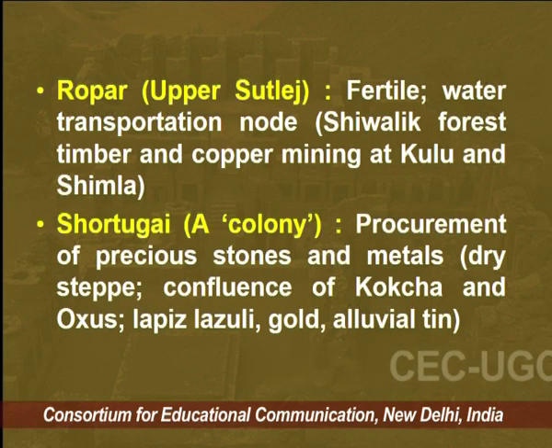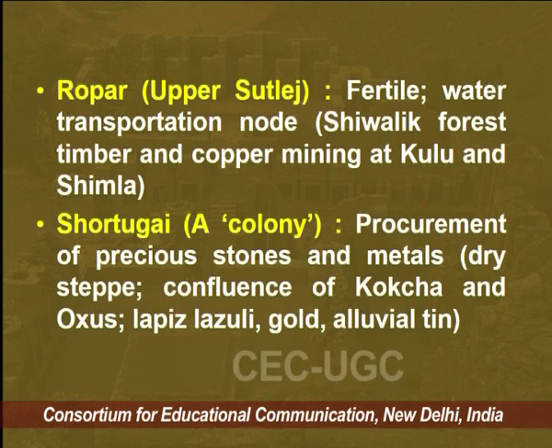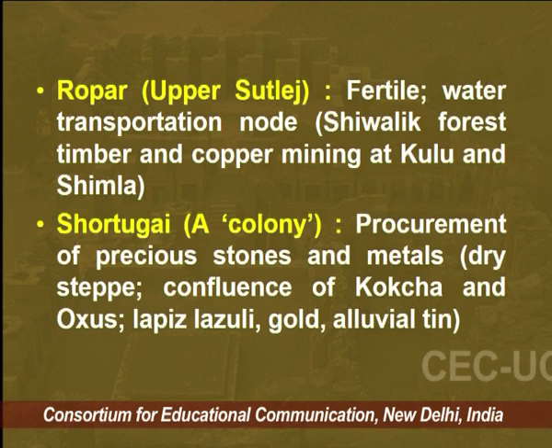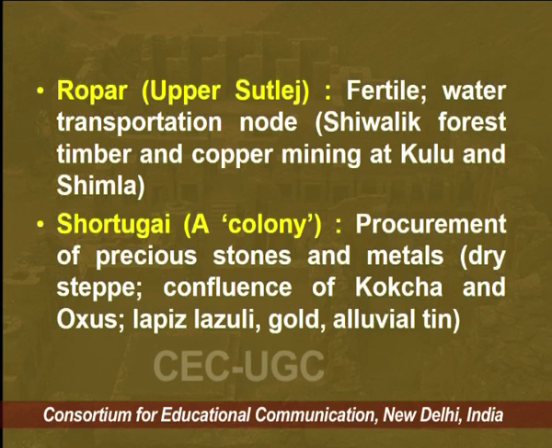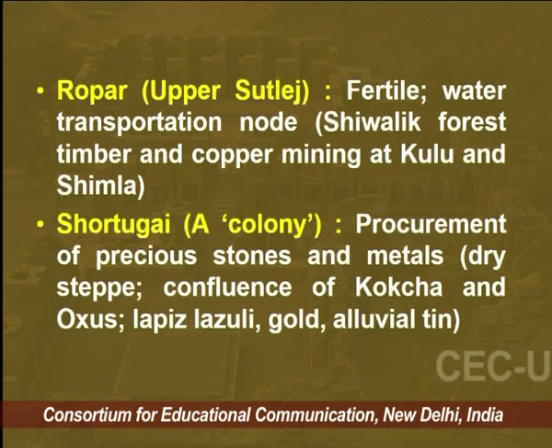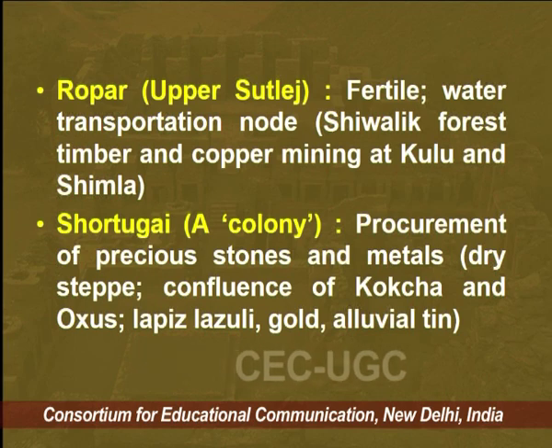This area, Shortugai area, would be the area of dry steppe. This is the area which is almost touching Central Asia of today. Confluence of Kokcha and Oxus River. This is the area that we are talking about, Central Asia, and semi-precious stones and precious stones like lapis lazuli, precious metals like gold, and also alluvial tin are available at this site, or they are available for being transacted at this site.